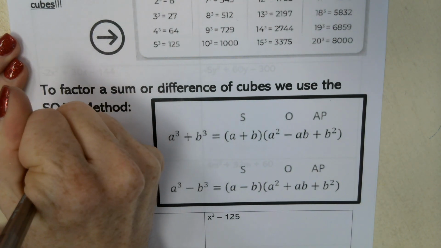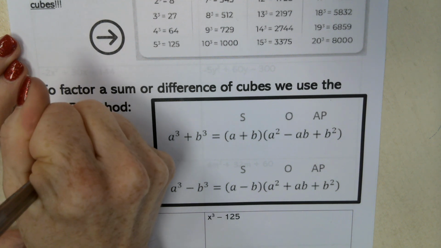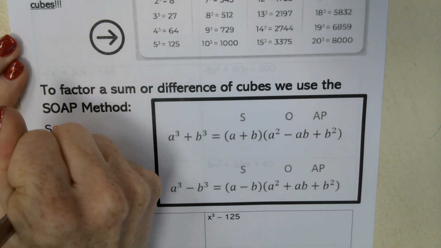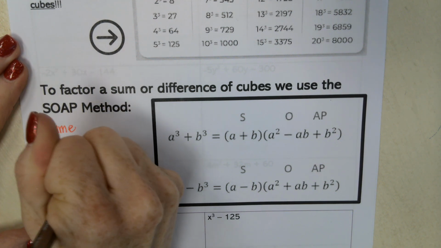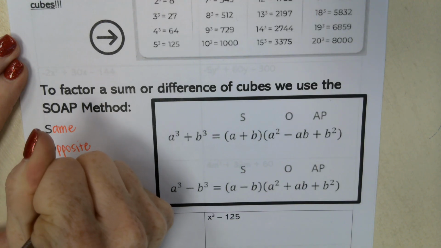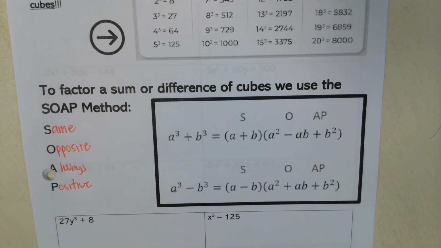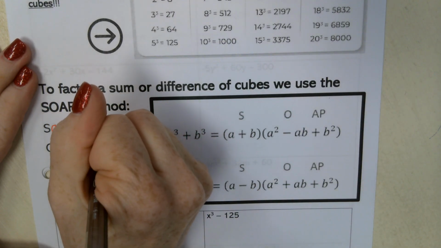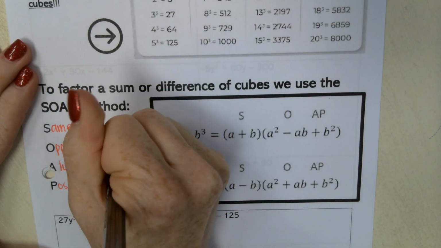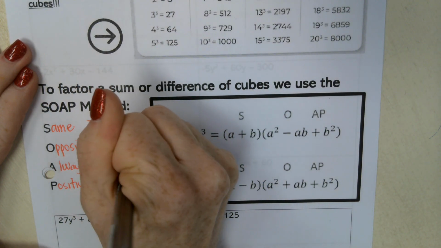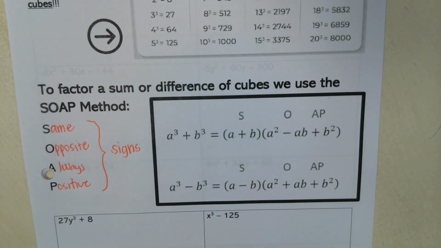Same, opposite, always positive. Okay? Same, opposite, always positive. Now, this right here is all about my signs. Setting my signs up in my factorization.